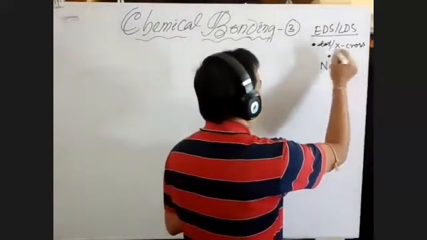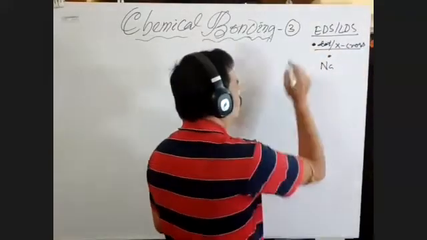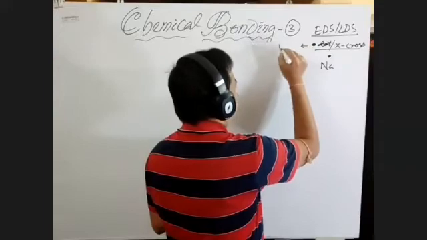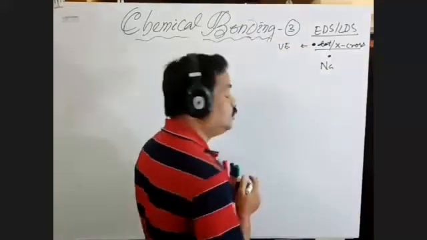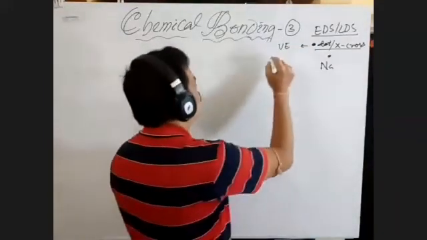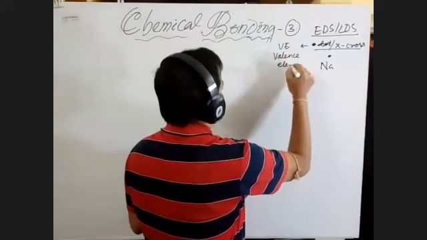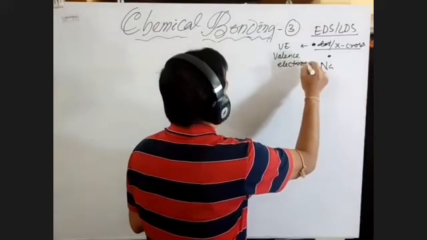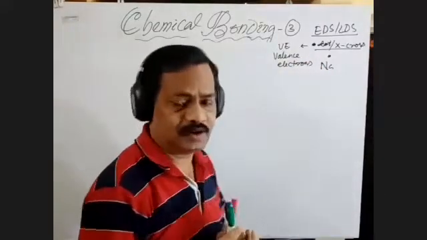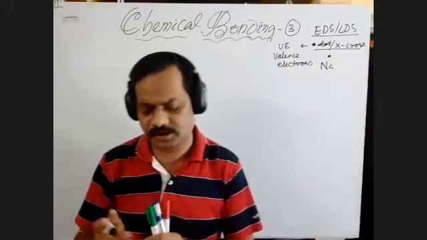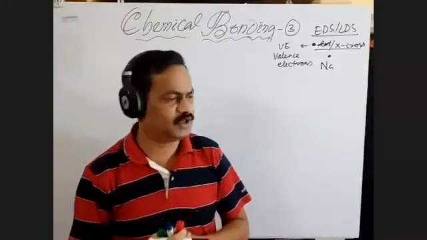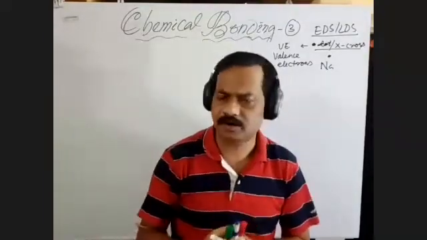So these dot and cross marks are called valence electrons. I am writing here VE. VE means valence electrons. What is a valence electron? We already discussed that there are so many shells present within the atom.